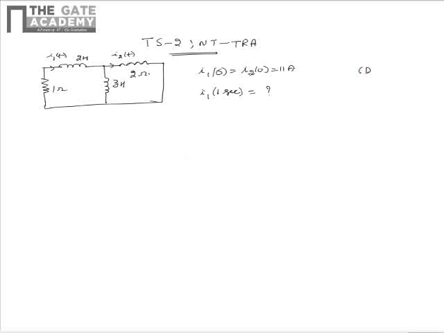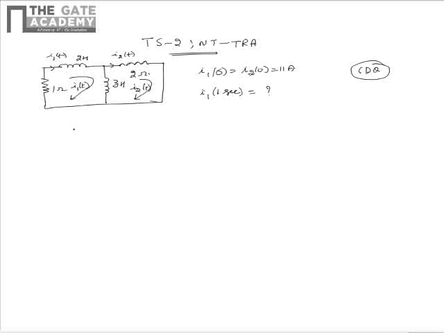Please note that the current question is a common data question. So from the given circuit we see that it can be viewed as two meshes, and each of the meshes carries a current of i1(t) and i2(t).